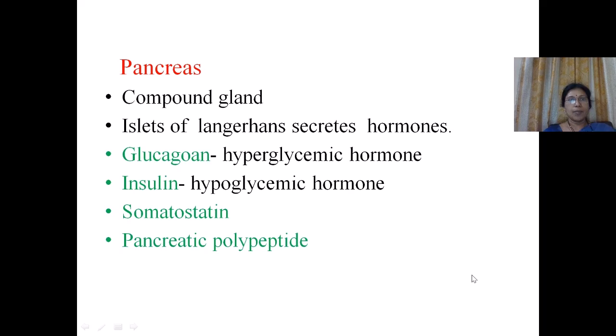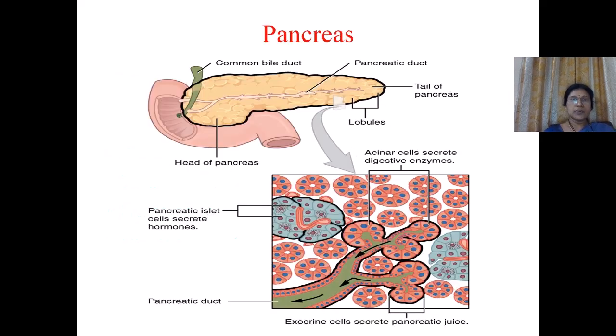Now let us see about the pancreas. Pancreas is a compound gland. It is also called a mixed gland. This gland has both endocrine and exocrine parts. If we observe the transverse section of the pancreas, we can see a number of acini, and the glandular epithelium of these acini secretes pancreatic juice.